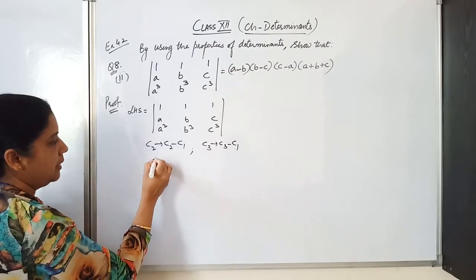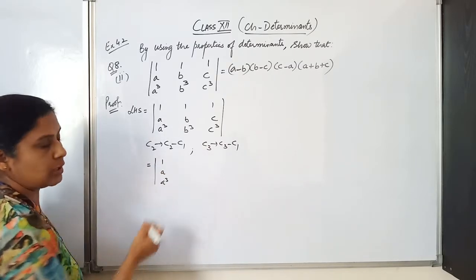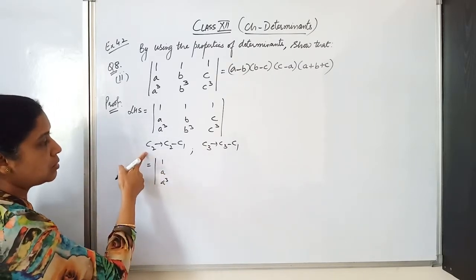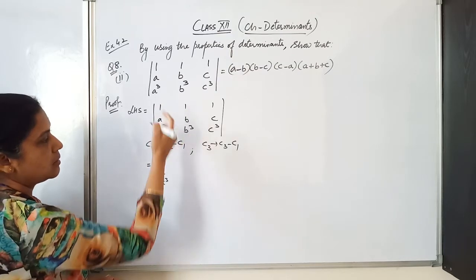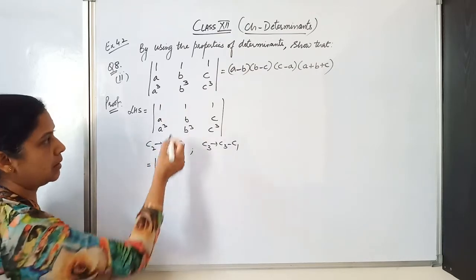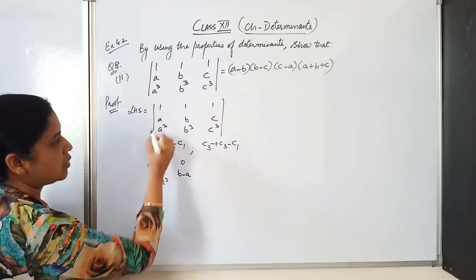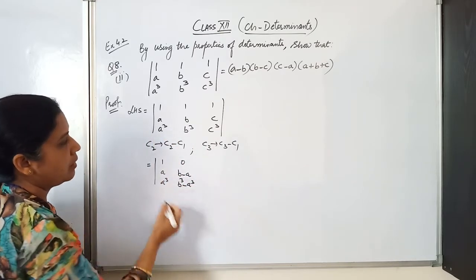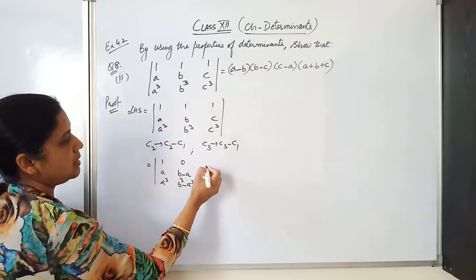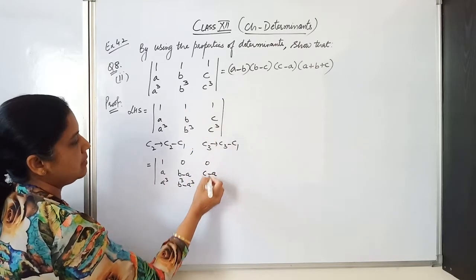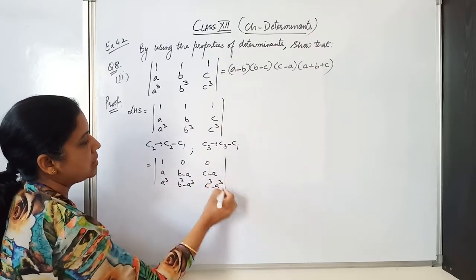I have kept the first column the same, so no change. C2 goes to C2 minus C1. So corresponding entries have to be subtracted. It gives me the factors of this form. C3 goes to C3 minus C1: 1 minus 1, 0, C minus A, C cube minus A cube.